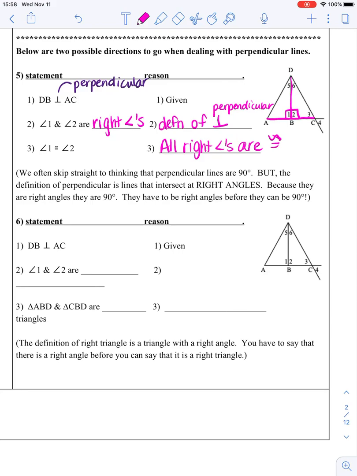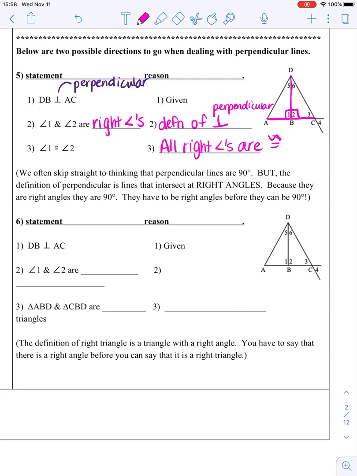So lines that are perpendicular form right angles. Because they are right angles, they are worth 90 degrees. And so we have to go through that process. But we often skip straight from perpendicular straight to 90 degrees. But there is a middle stop that we have to go through.